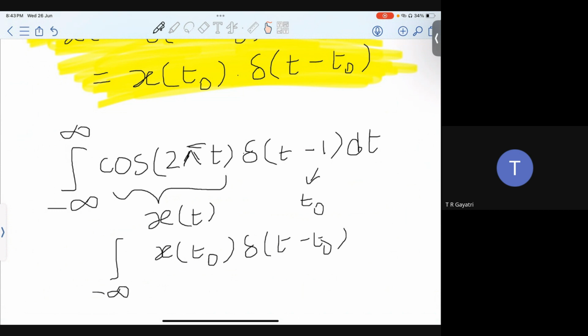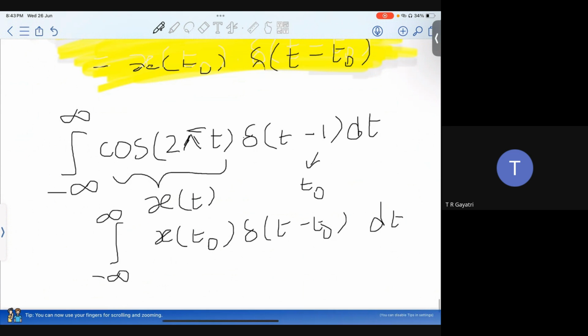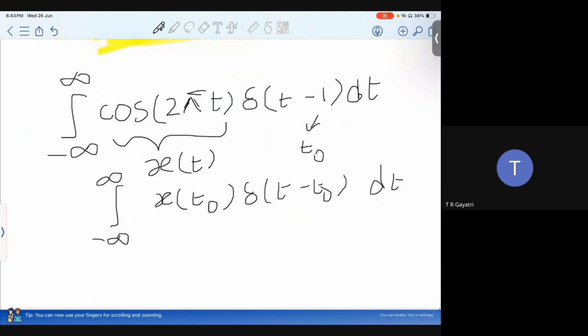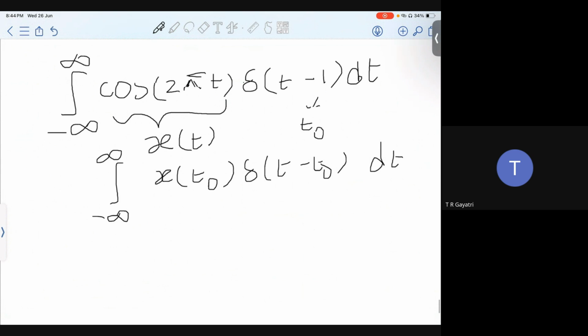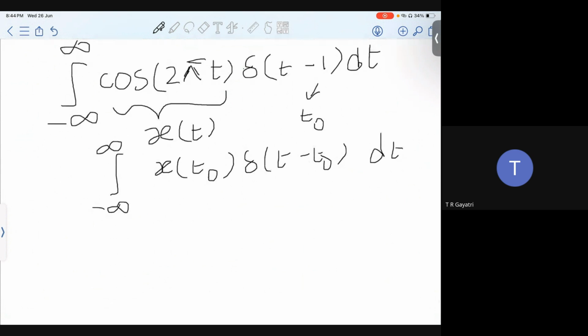Integration remains the same, right? And what is your x of t naught, which is cos 2 pi t naught? T naught is 1. So cos 2 pi t naught is cos 2 pi. What is cos 2 pi? You guys should be interactive. What is cos 2 pi?